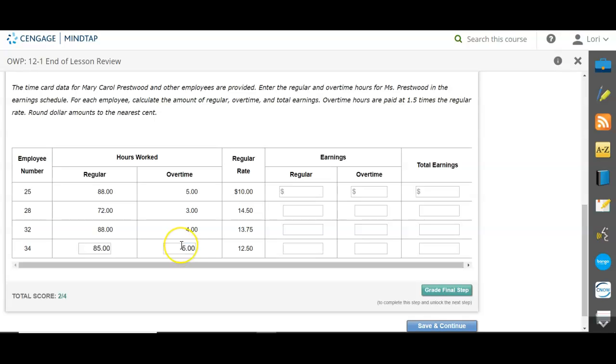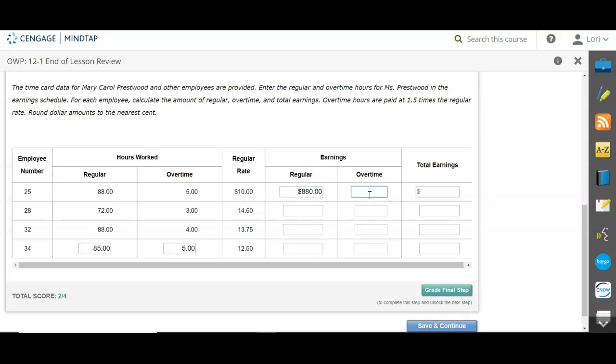Now, you're going to need a calculator. I've got my calculator. I hope you have yours. To get our regular earnings, we're going to take the regular hours and multiply by the rate per hour. So 88 hours times the $10 per hour that employee number 25 is earning, that's $880 regular earnings. Her overtime is time and a half.